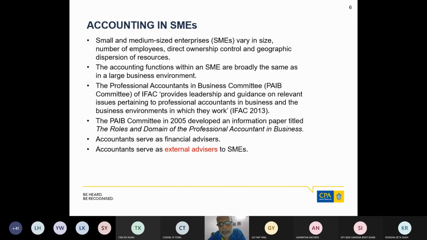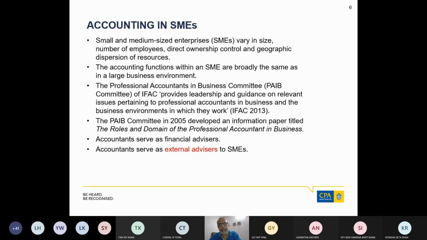The next category is working in SME. SME stands for small and medium enterprises. As far as Malaysia is concerned, based on data from the Companies Commission of Malaysia, CCM, in Wisma Central, I think more than 80% of companies in Malaysia come into this bracket.